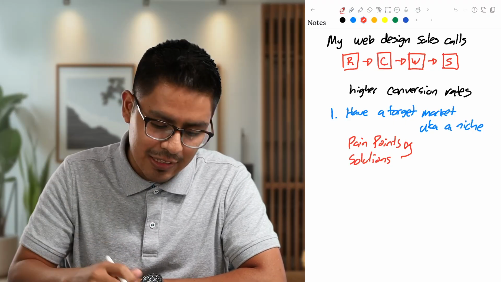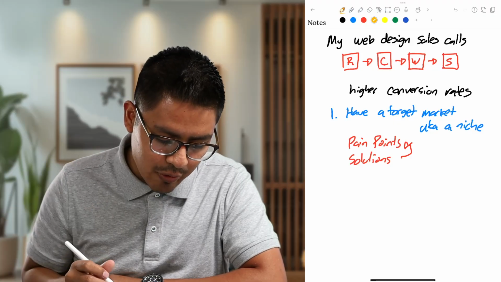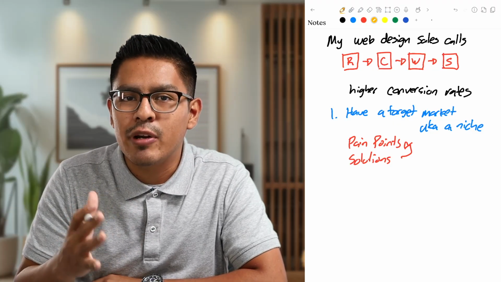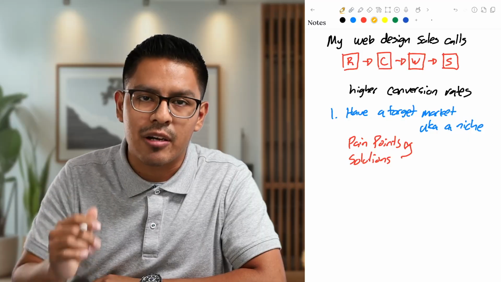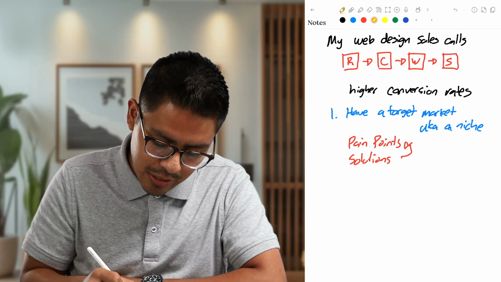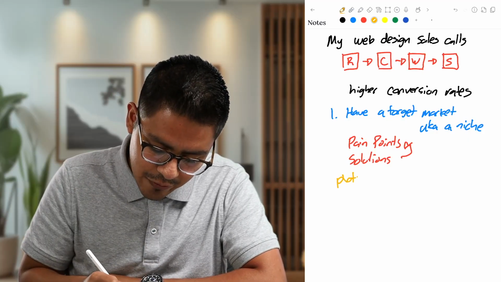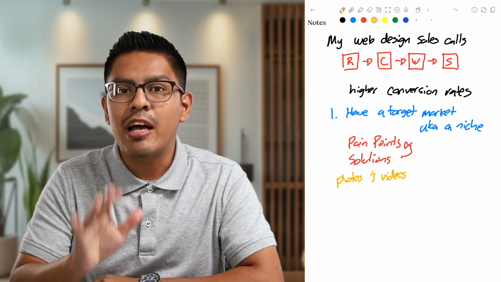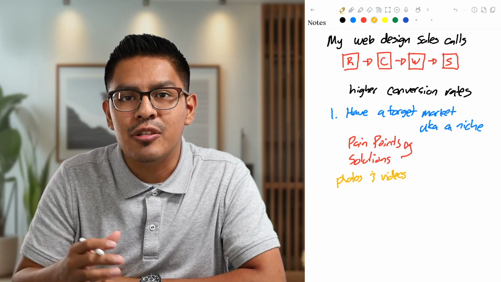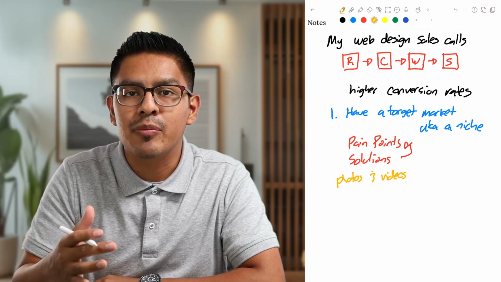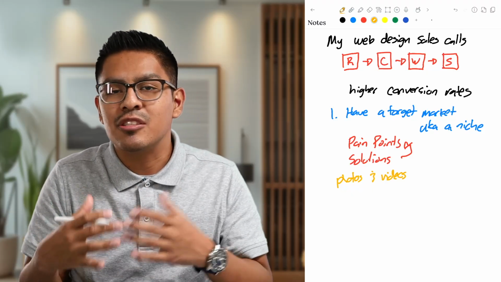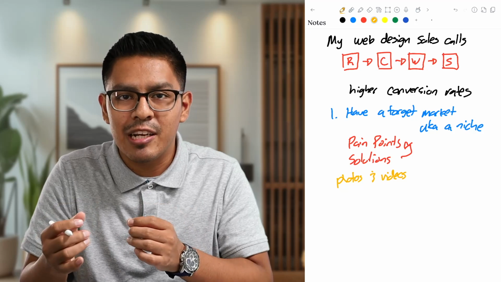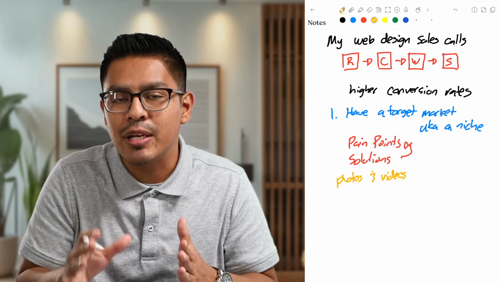And let me go ahead and give an example. So one of the niches that I go after, I uncovered that they have about 3 or 4 different pain points that always come up in conversations. And so some examples of those pain points are photos and videos. I work with a lot of new business owners who don't have any photos or videos to market their business. And that's one of the main reasons that it's a struggle for them to get their website up and running, because they don't even have the material to build the website.